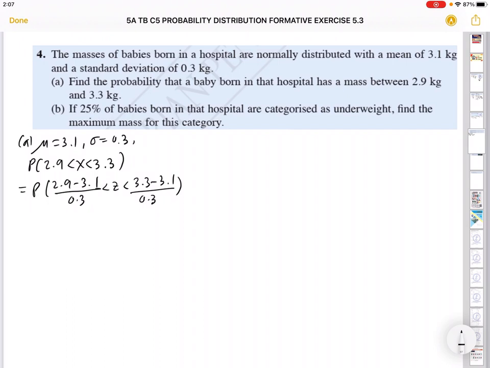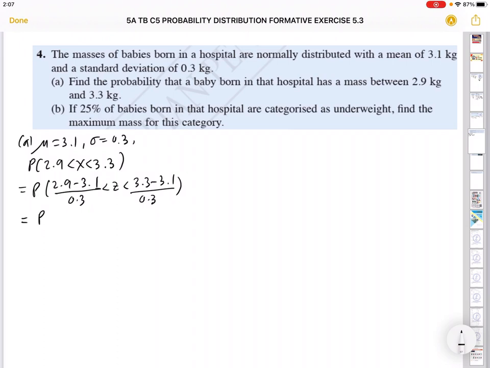Now, here's the thing, you may realize there's a difference between using the calculator directly versus using the mathematical table. Most of the time a lot of teachers tell you to use a mathematical table.